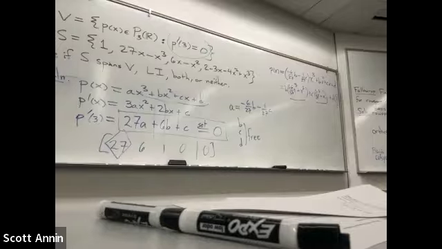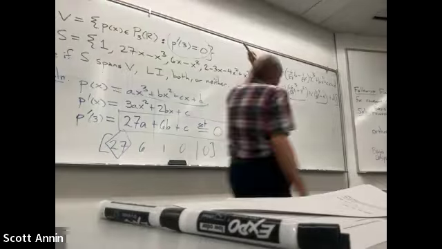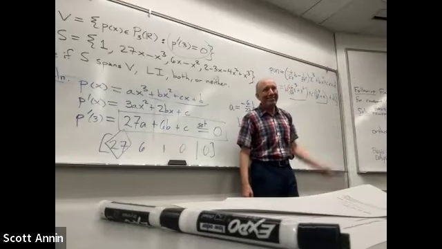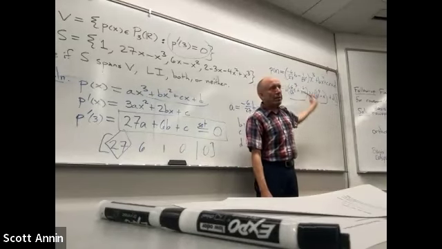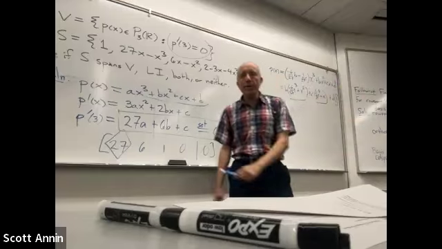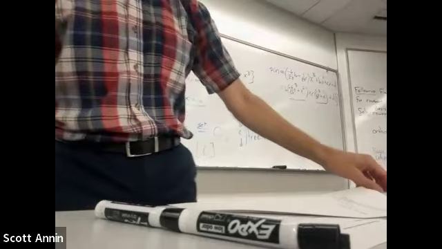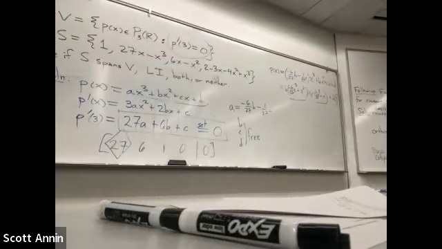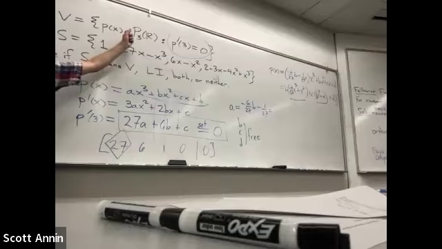Everything in V is expressible in this form, which means how many basis vectors do we have for V here? 3. Only 3. This is tricky, because you see the P3 of R and you're thinking, oh, it's 4-dimensional because the dimension of P3 of R is 4.